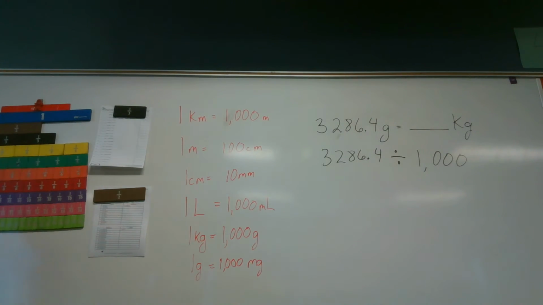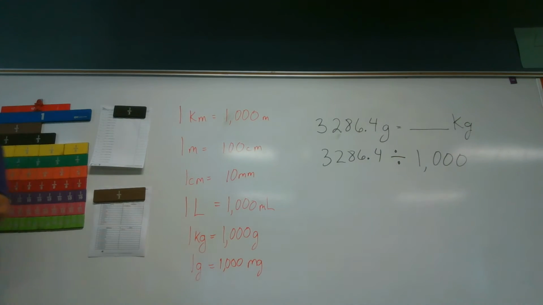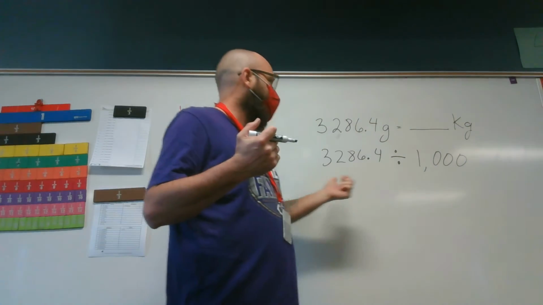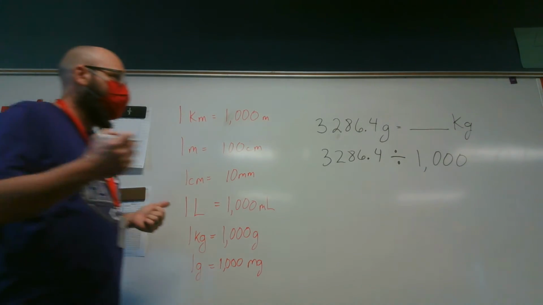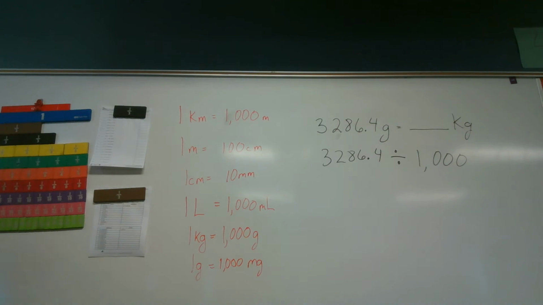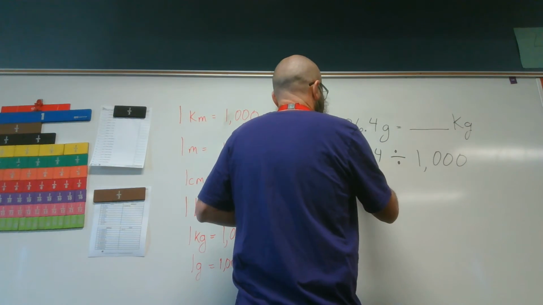And then it's just a matter of moving the decimal point. I want to make the number bigger or smaller? Smaller, because I'm dividing. And I have to move it to the left how many places? 3, because I'm dividing by 1,000. 1, 2, 3.